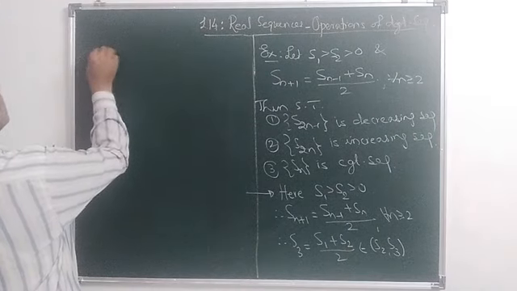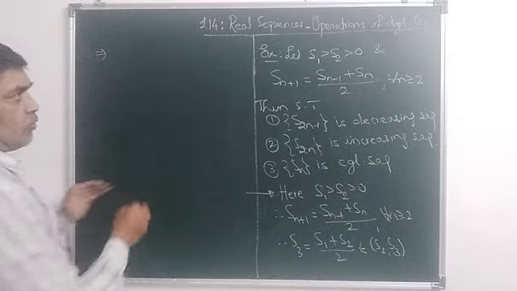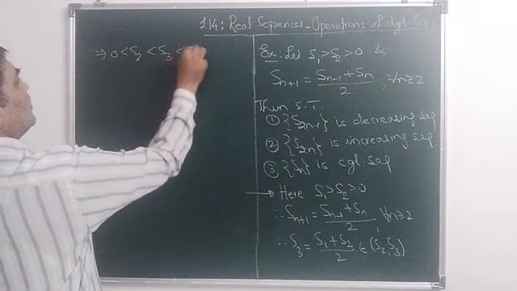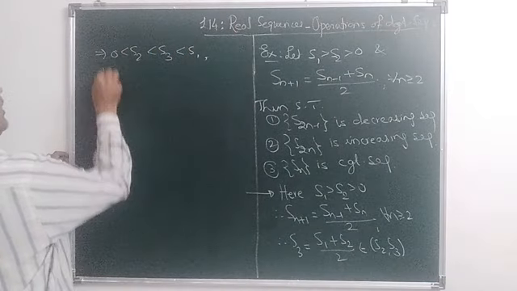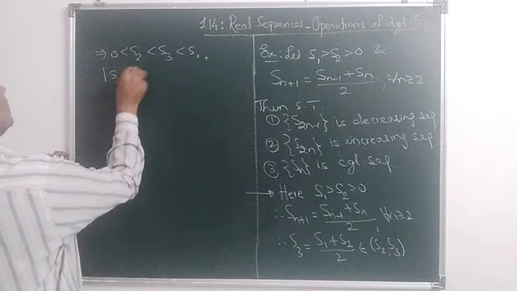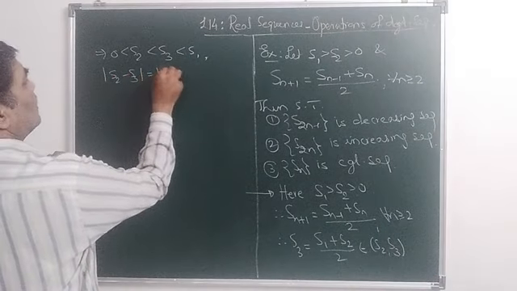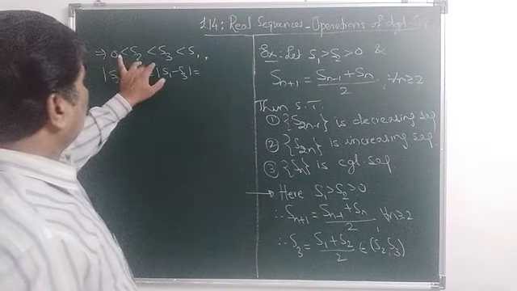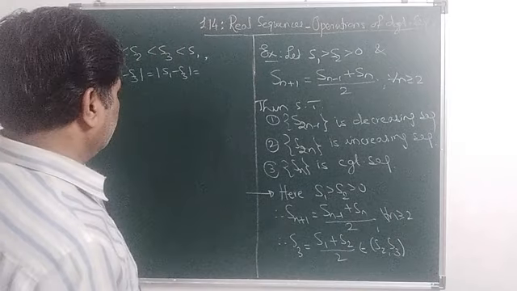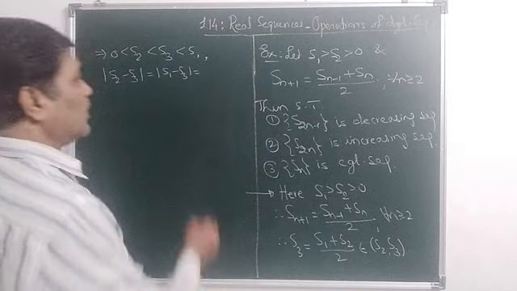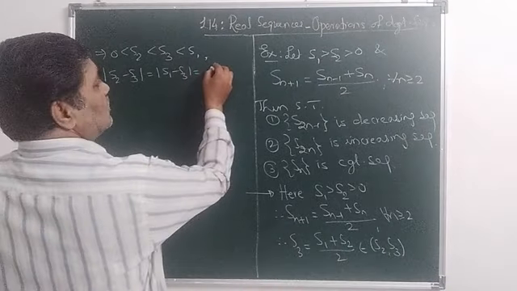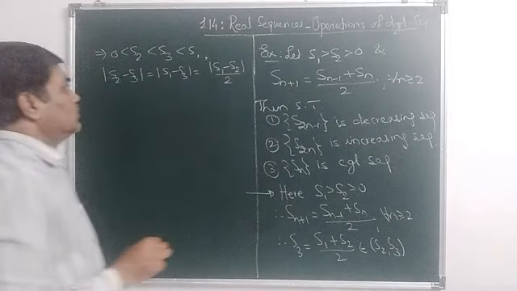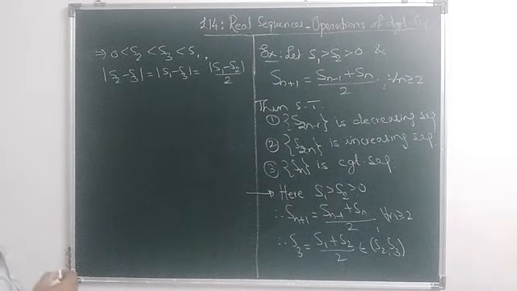Which implies 0 less than S2 less than S3 less than S1, and length of S2S3 is equal to length of S3S1. Both lengths are equal to (S1 minus S2)/2. Is it clear?